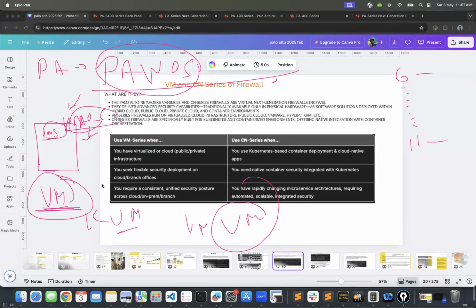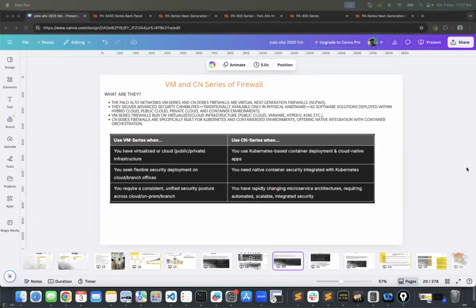Important, you have to use the software as PAN OS in the virtual machine, then that will be called a VM series firewall. Right now, what I am using here in my lab, it's all VM series only. I'll show you how to use it.